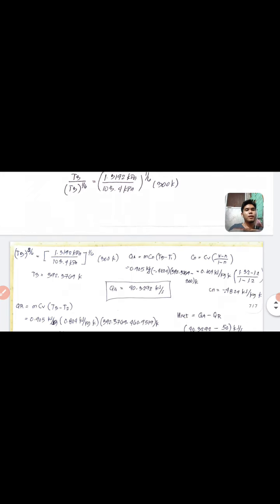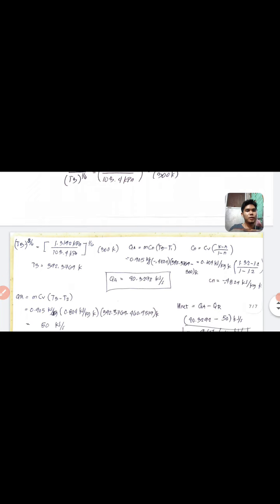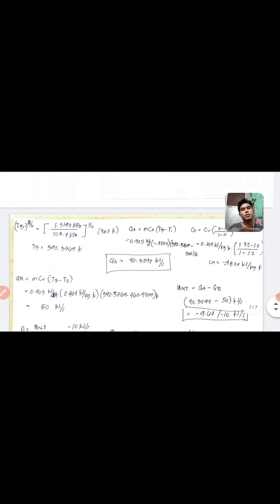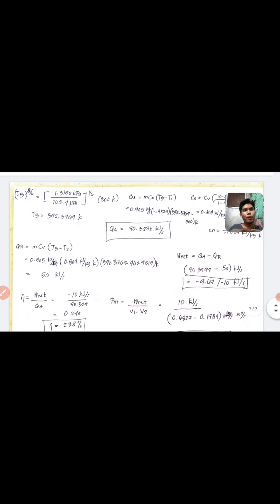The formula is Cn equals Cv multiplied by (K minus n) over (1 minus n). Substituting the values, Cn is equal to negative 0.4824 kilojoule per kilogram Kelvin. Substituting, our QA now is 40.3292 kilojoule per second.